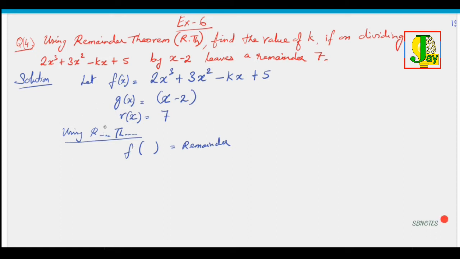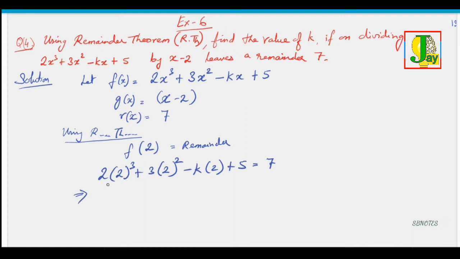What does remainder theorem say? If you go back and see the previous class, you will understand that when f(x) is divided by g(x), suppose this is x minus a, then f(a) is the remainder. So here a is 2, so f(2) is the remainder.